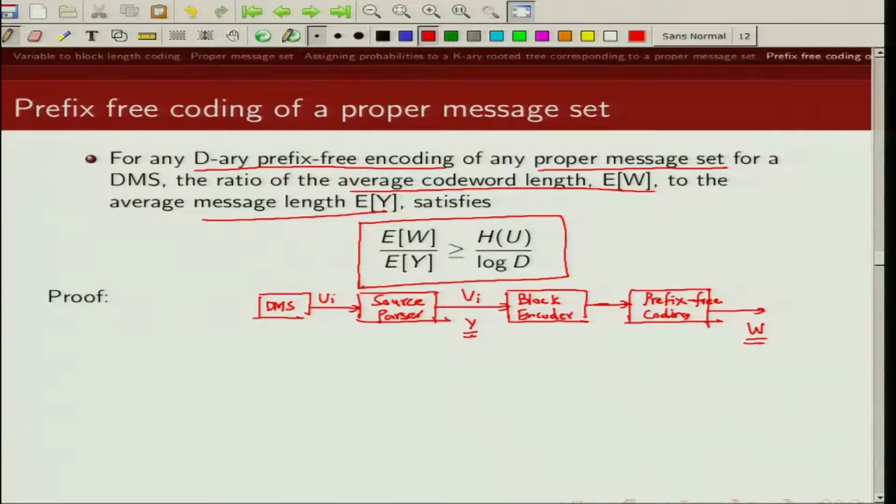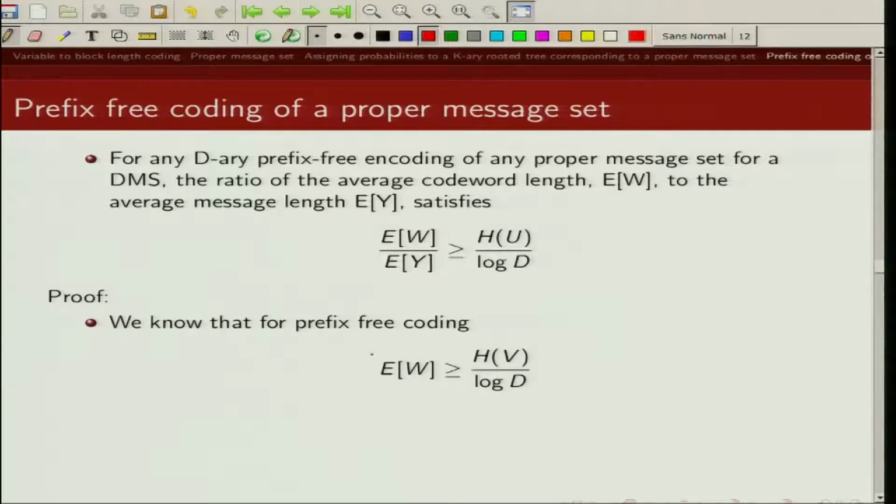So what I am saying is, if we do a prefix free coding of a proper message set, then the expected value of the output code word length divided by the expected value of the input length, which is basically my proper message set input to this encoder, is lower bounded by entropy. So we know for a prefix free coding, the expected value of W, which is the output code word length, is lower bounded by the entropy of the source.